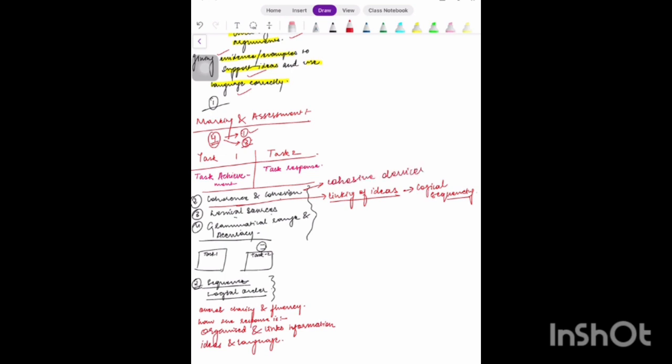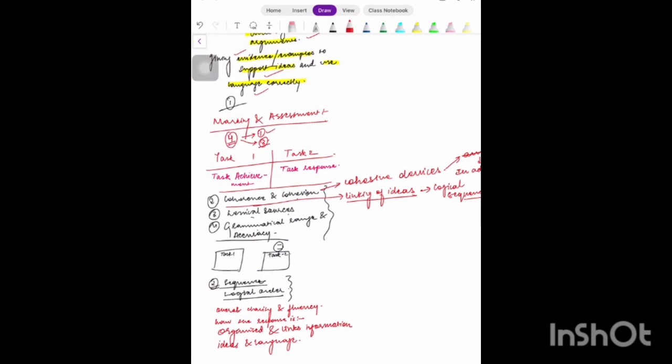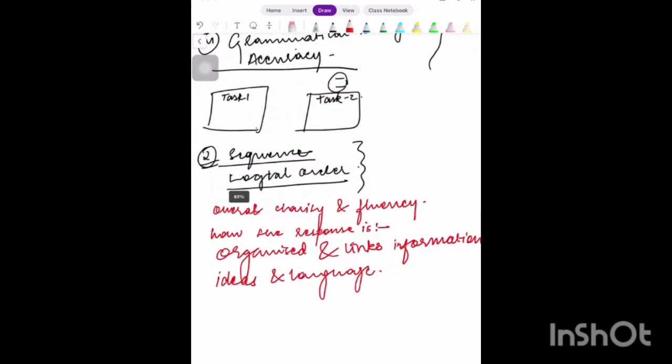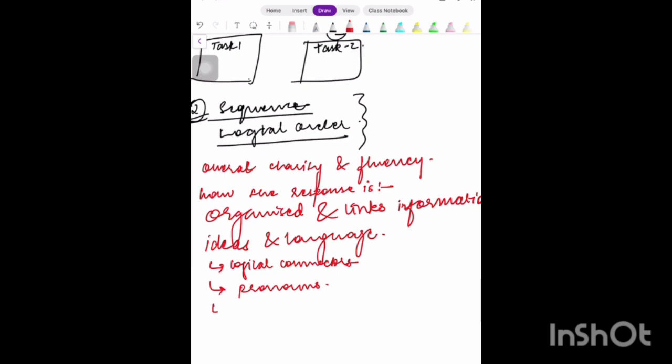Now what does this mean? That instead of using 'and' and 'but' over and over again, I'm going to use 'in addition to', 'however', 'therefore', 'meanwhile', 'on the other hand'. Basically all the logical connectors, which we'll be studying in detail, pronouns and conjunctions.